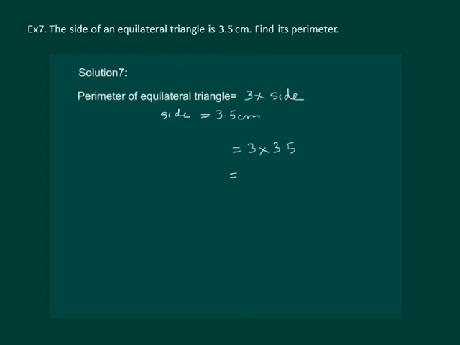So let us multiply 35 into 3. This gives us 105. Only one digit after the decimal means shifting the point only one digit. Hence, perimeter is 10.5 centimeters.